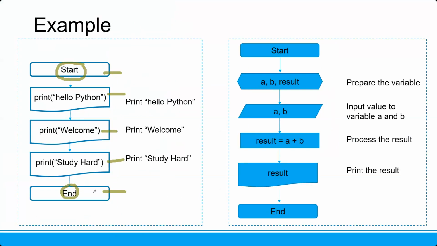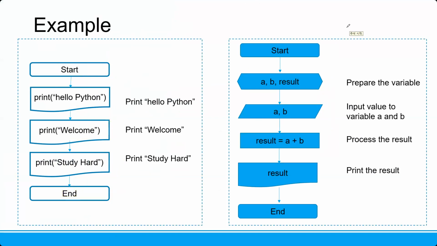So the step will be from the top to down. In the print hello Python, it means I want to see the result. In the print welcome, I want to see the result. In the study hub, I want to see the result. So this is output, output, output. Whenever you do with print, we can say this is the output.